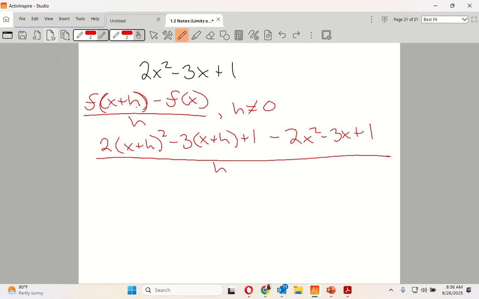All right, so let's go ahead and do the math over here. I got to do some distribution. Remember I taught you guys a little trick whenever I'm squaring something. So this is going to become, let me change up colors, 2 parentheses x squared plus 2xh plus h squared close, minus 3x minus 3h plus 1 minus 2x squared minus 3x plus 1.